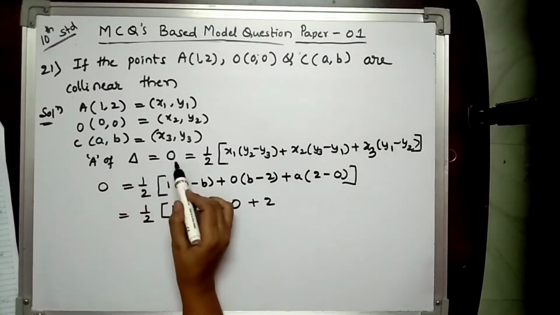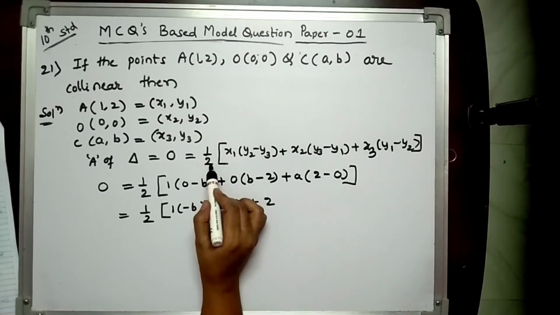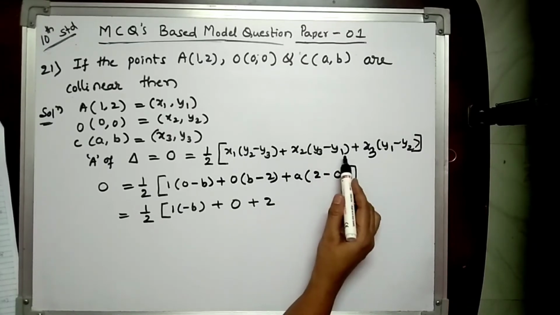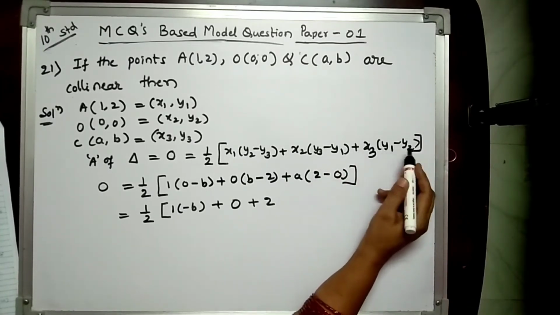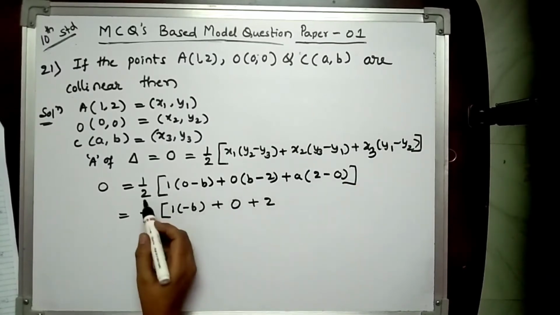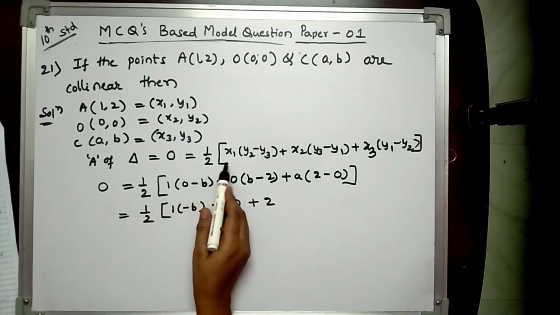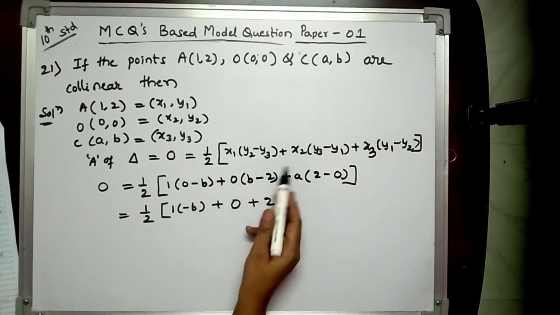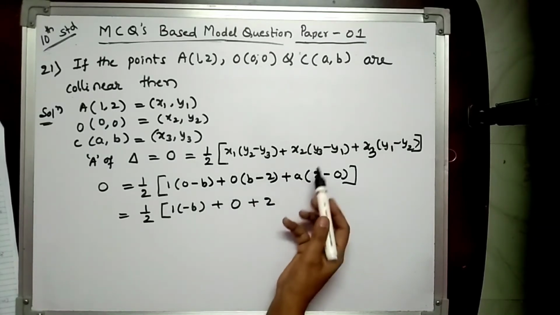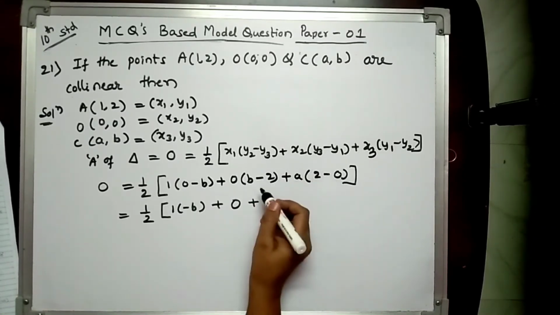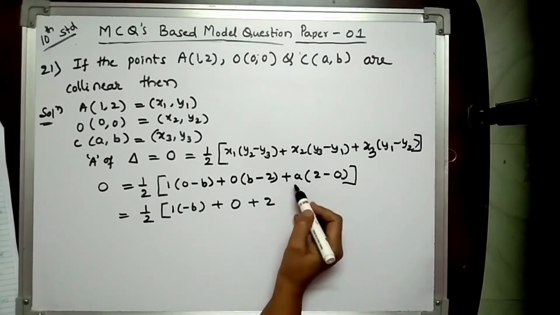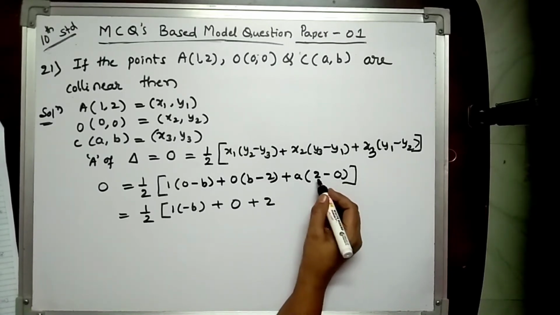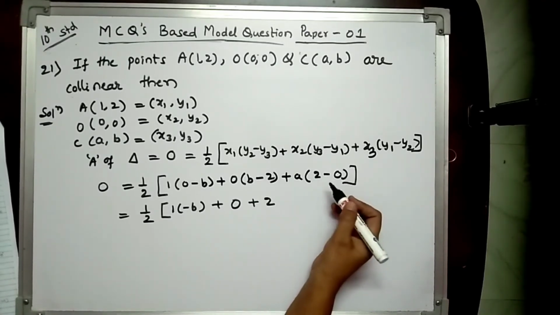See, area of triangle is equal to 0, that formula is half x1 (y2 minus y3) plus x2 (y3 minus y1) plus x3 (y1 minus y2). So here half, x1 means 1 and y2 is 0 minus y3 is b, plus x2 is 0 and y3 is b minus y1 is 2, plus x3 is a and y1 is 2 minus y2 is 0.